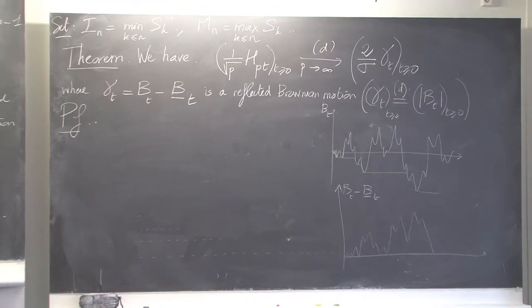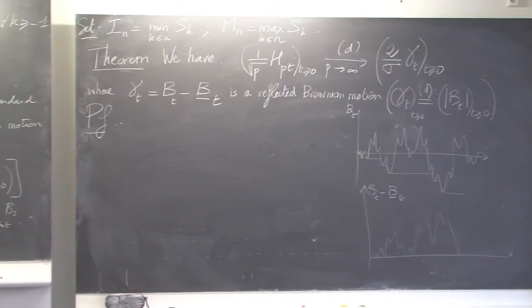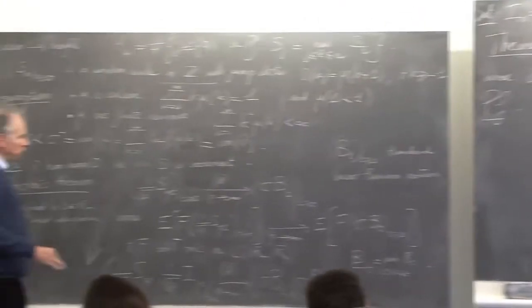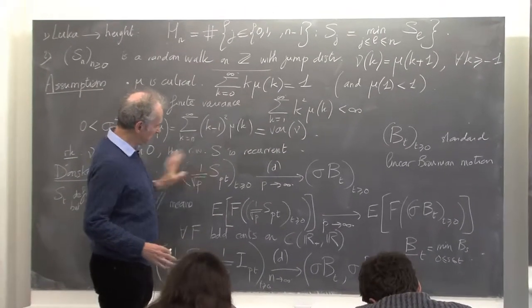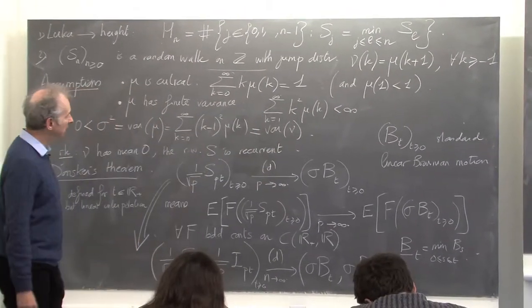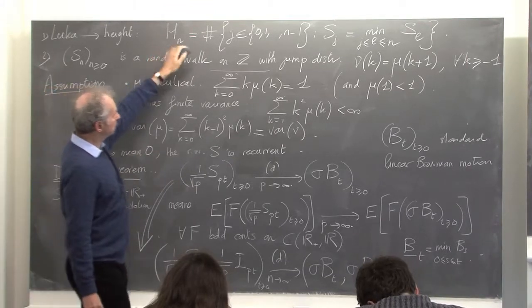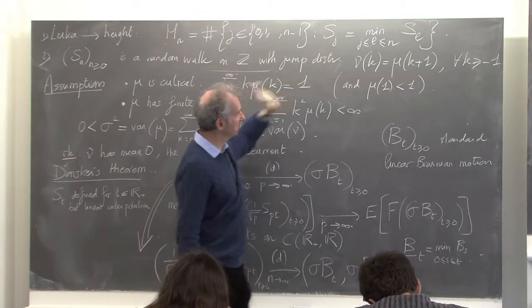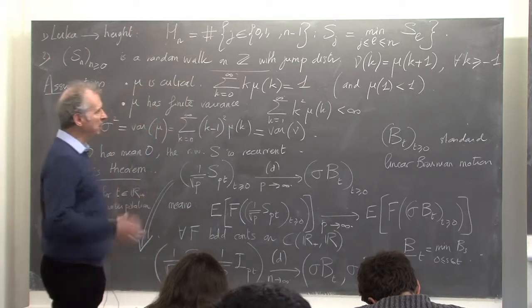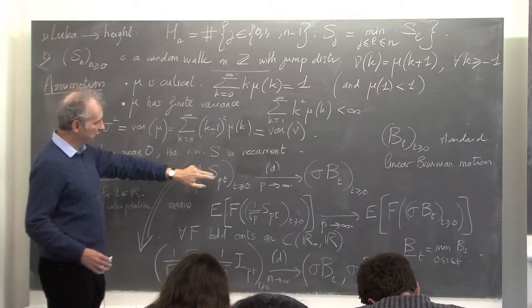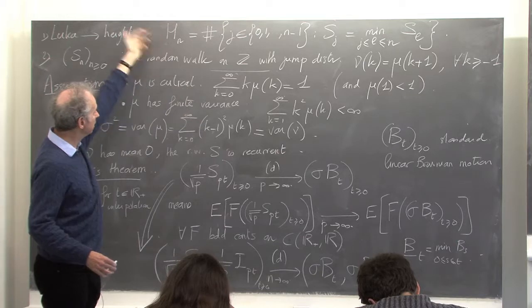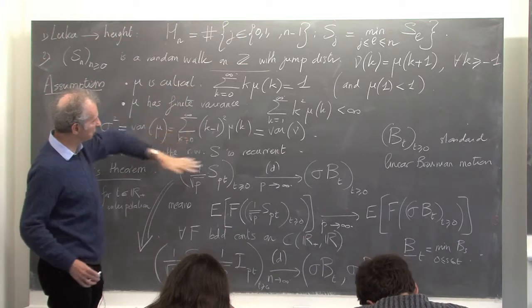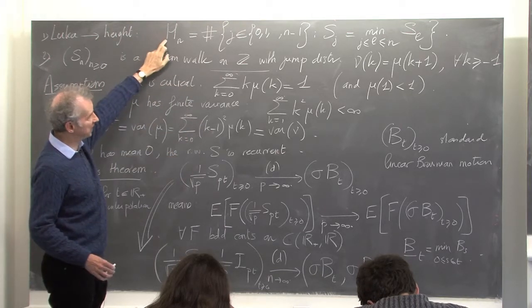No question till now? Okay. So what is the general idea? As I said before, we know everything about capital S. We know this convergence, Donsker's theorem. And we know that H is also a function of capital S. So you could say that capital S converges in some sense after rescaling, so you should be able to deduce from this convergence also the convergence of H rescaled.